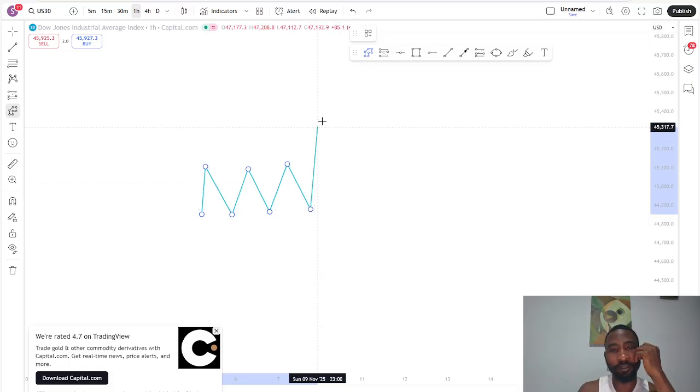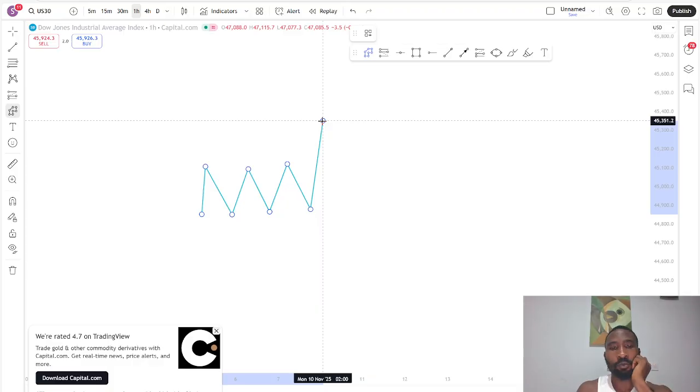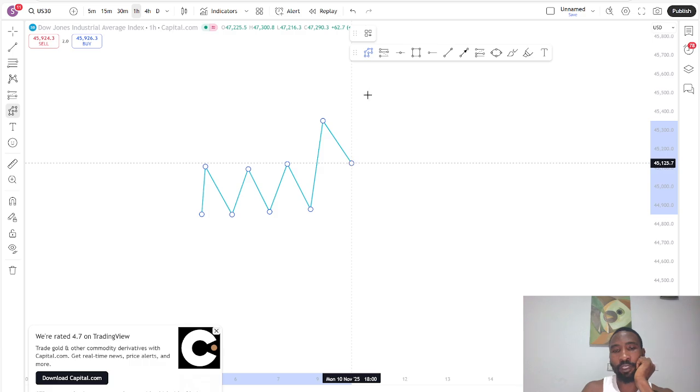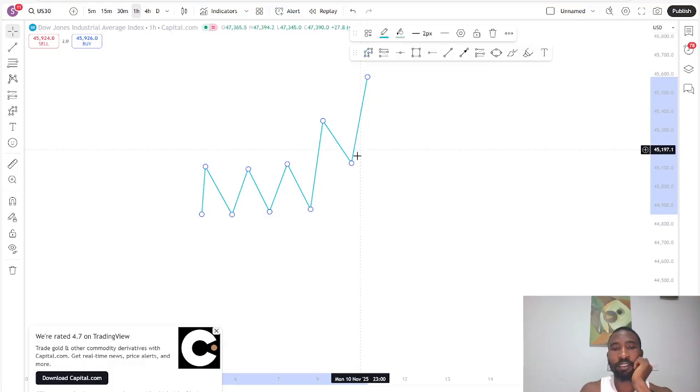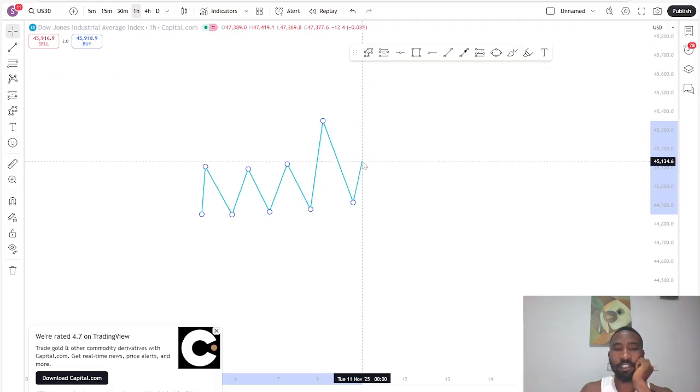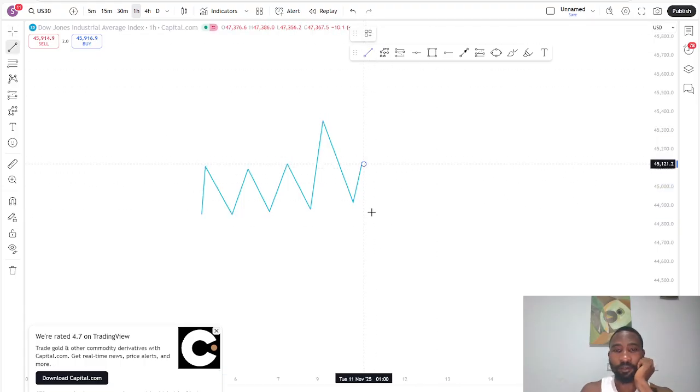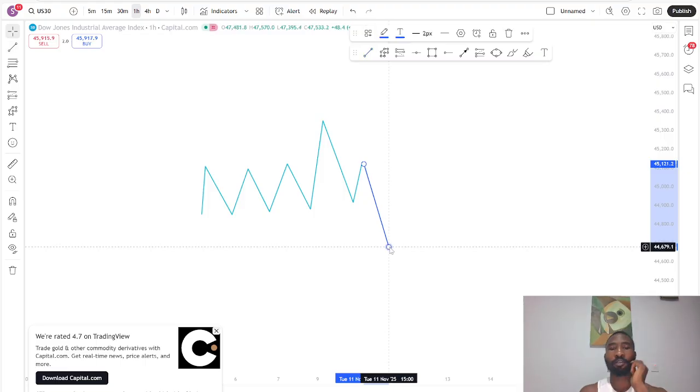Then we have a breakout indication, right? So sometimes, instead of the market coming this way and going up like this, it will not do that. Instead, it can come here, then come and retest this area, then it will later do this, if you understand what I mean.